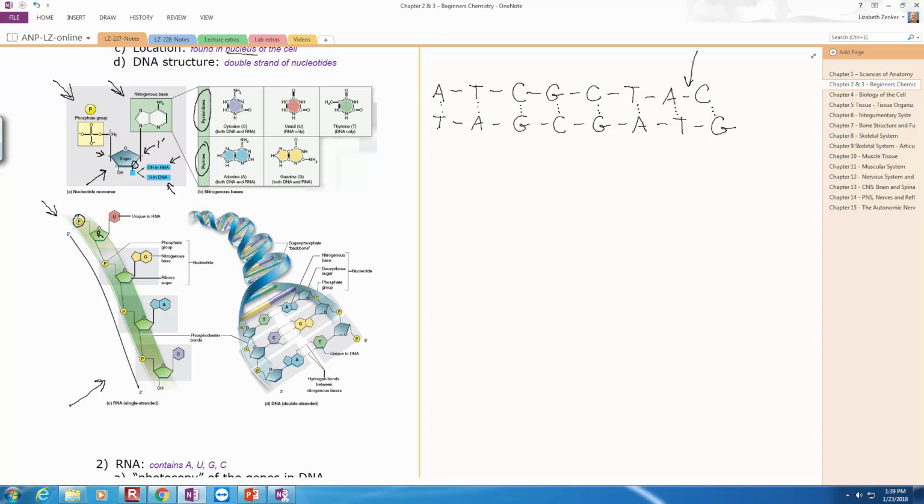On the DNA structure, it would be the deoxyribose sugar, so I'll put D-ribose, and the phosphate that make up its backbone. So it's the sugar and phosphate that make up the backbone, or the sides of the ladder if you want, and it's the base pairing that hydrogen bonds to the other side of the base that makes up like the ladder rungs. Okay, that's why they're showing you the hydrogen bonds there.